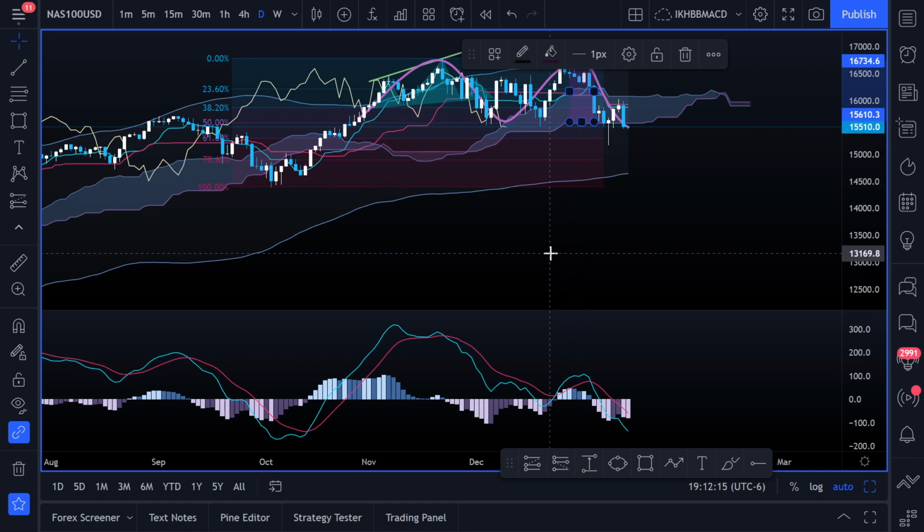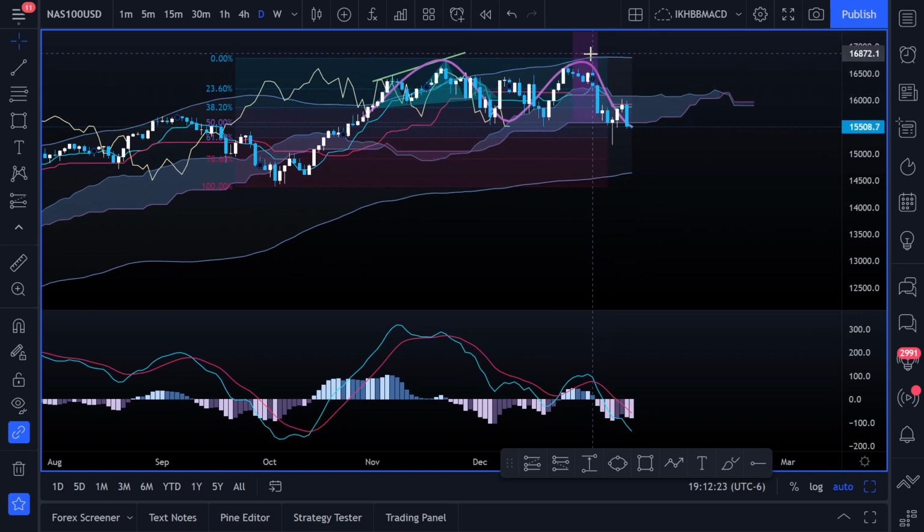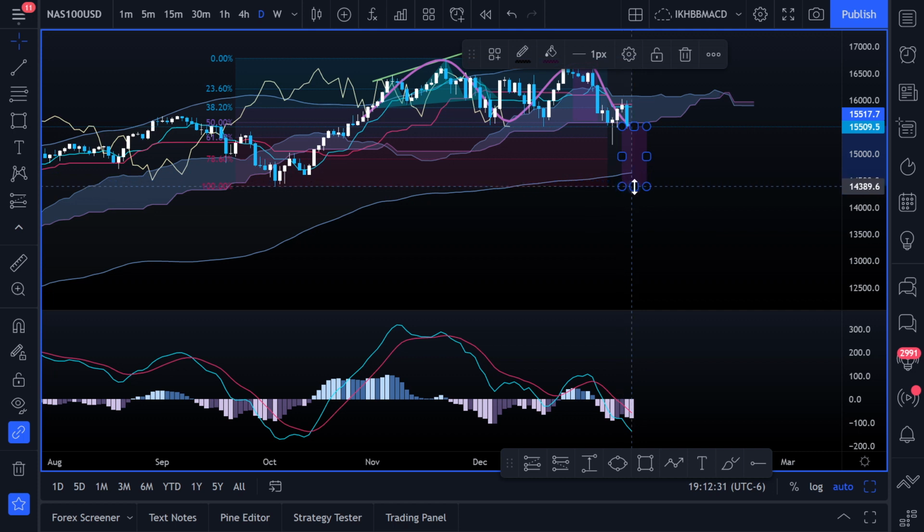We might see the price going as low as 14,389. It may not happen actually.